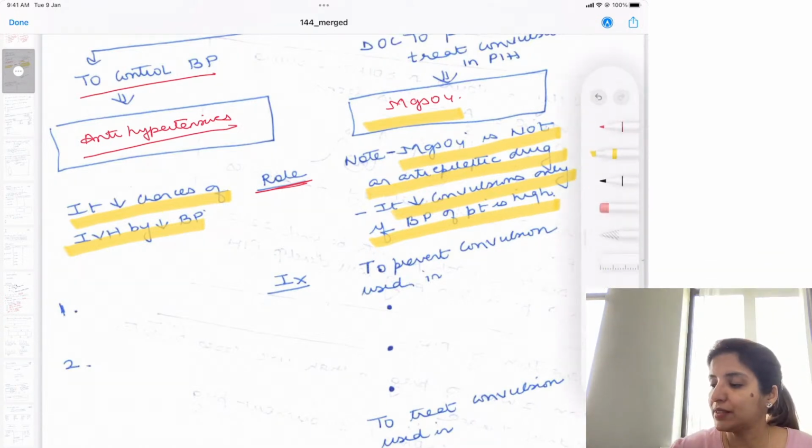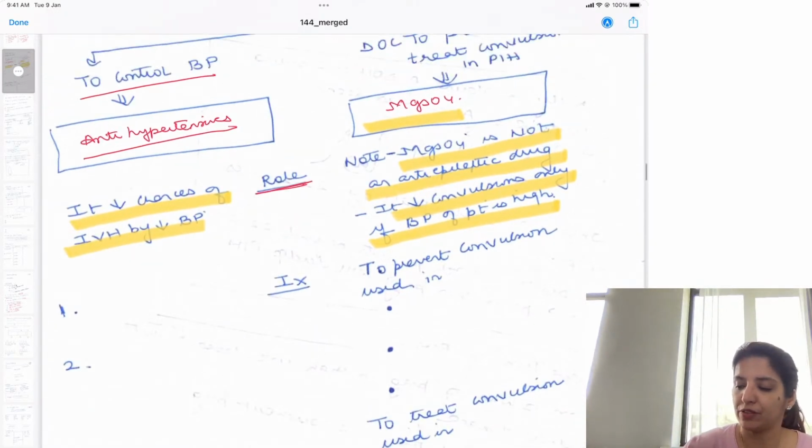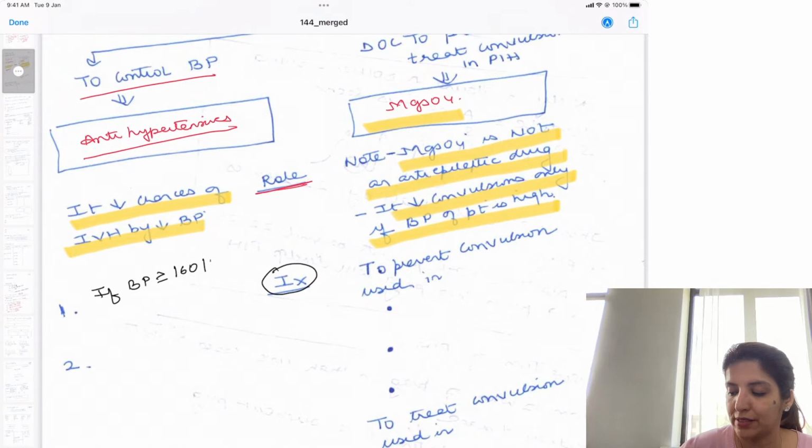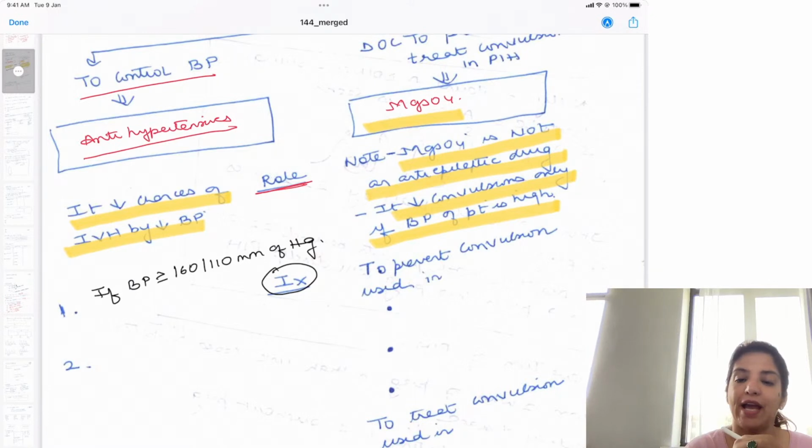Next thing, what is the indication for using antihypertensives? So the indication for using antihypertensives is, number one, if BP is more than or equal to 160 by 110 millimeters of mercury. If BP is more than or equal to 160 by 110, then you have to start antihypertensive.